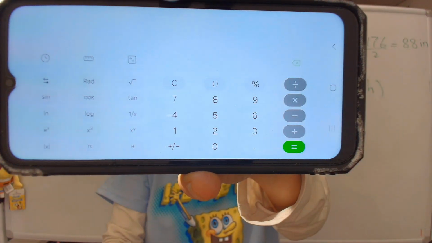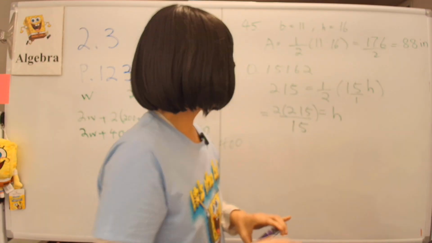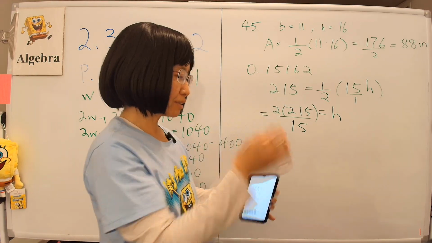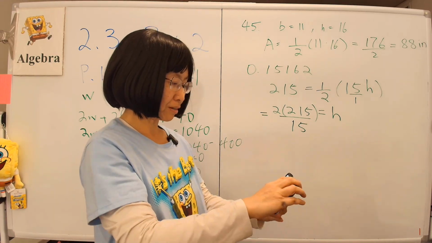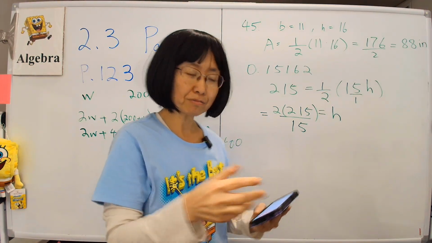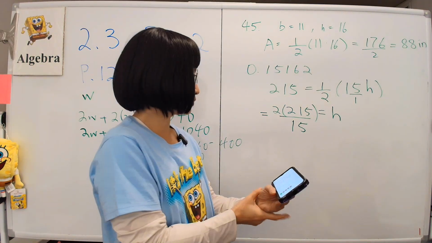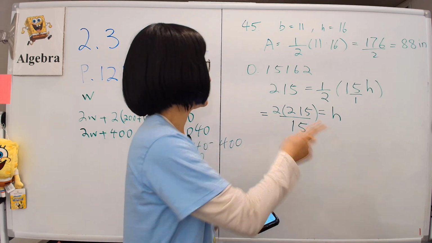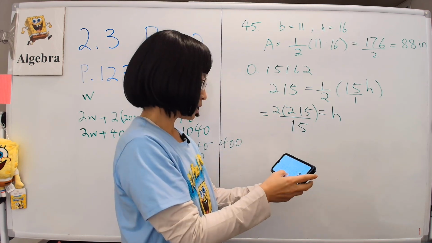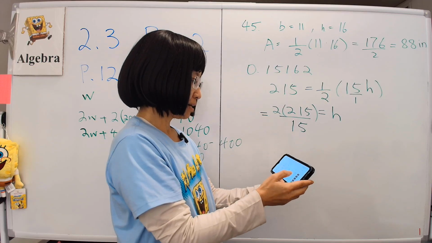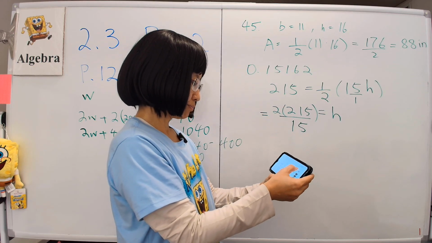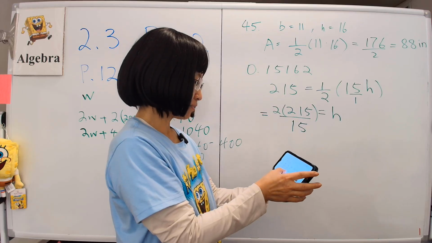Now I'm not going to show you here because these numbers are pretty simple. So I'll just type it in and you should be able to do it yourself. If the numbers become more involved and require tricks, then I will show you exactly how to type it in. But for now, let's type in 2 times 215, and then divided by 15.